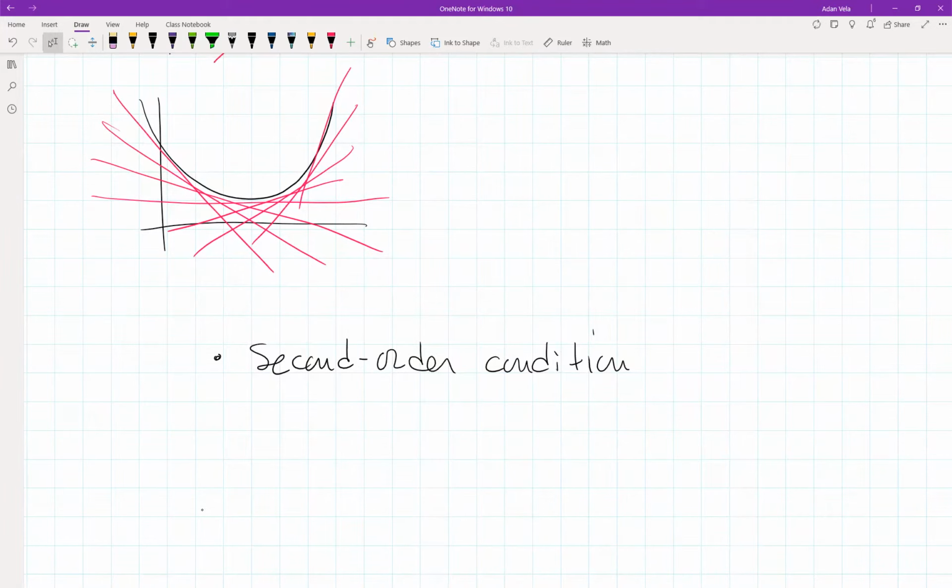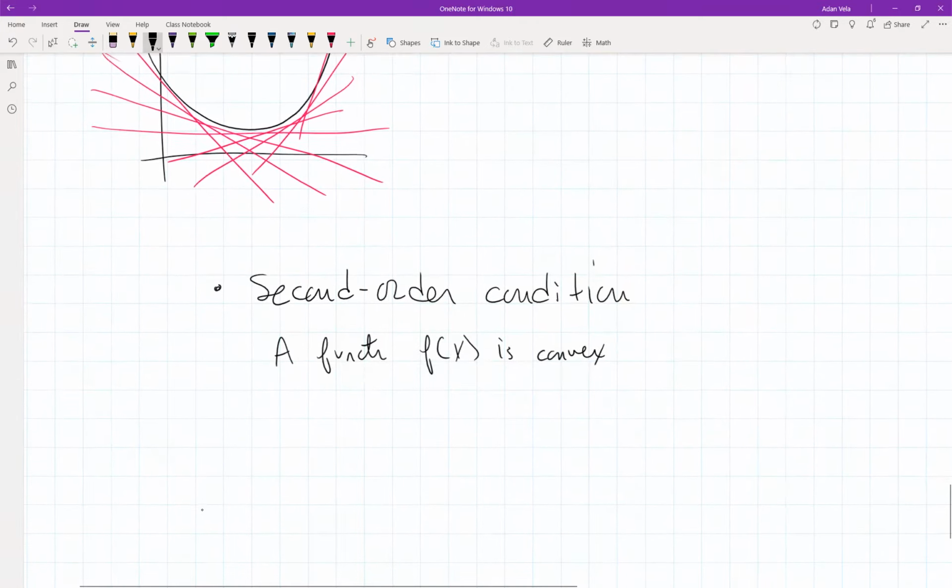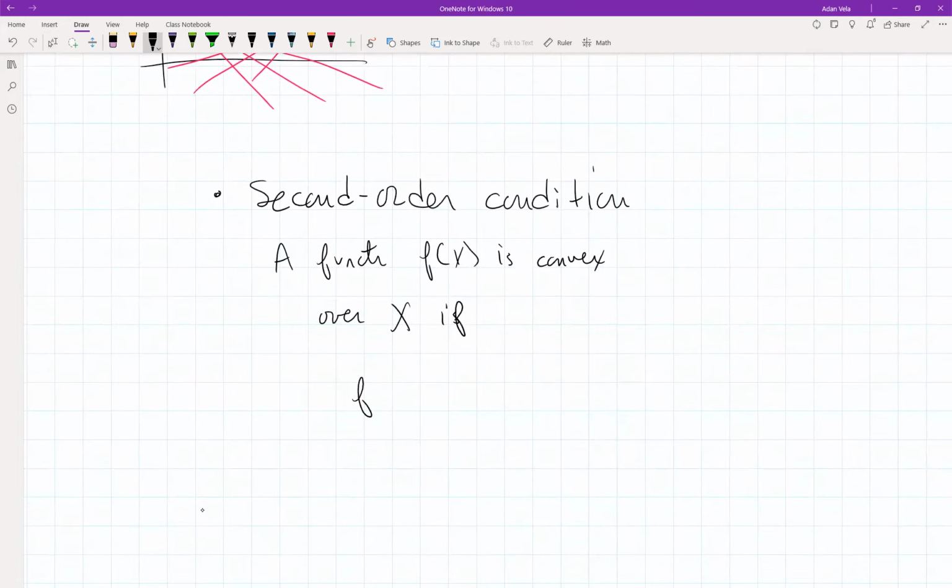The second order condition just says, a function f of x is convex over its domain if the second derivative evaluated at all x is greater than 0 for x in that domain. Okay, so this is basically the second derivative test, right?